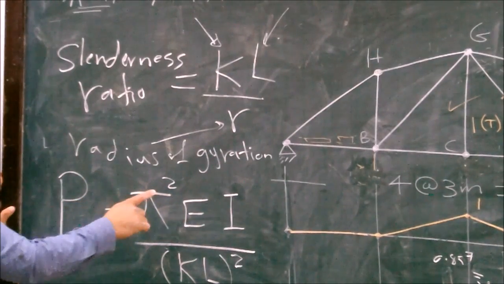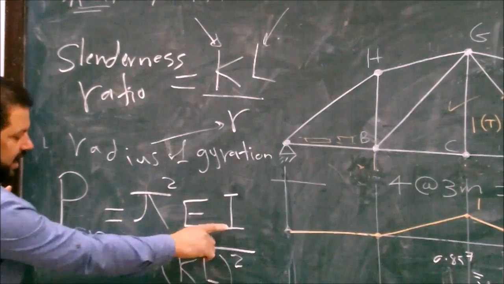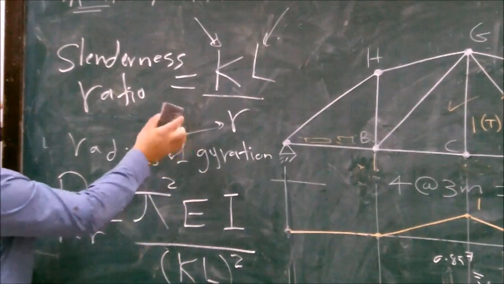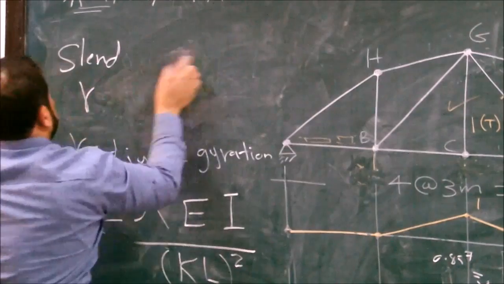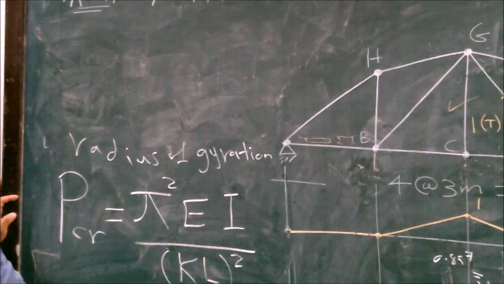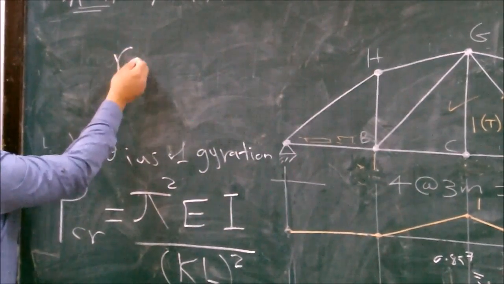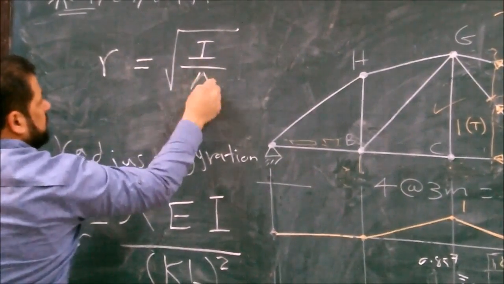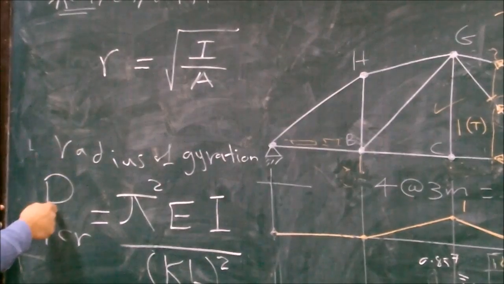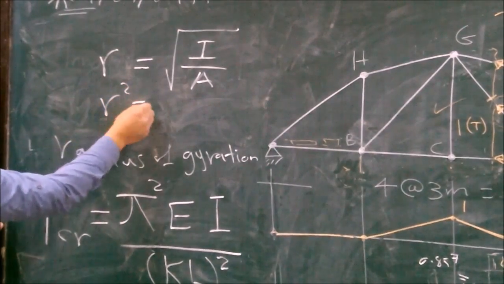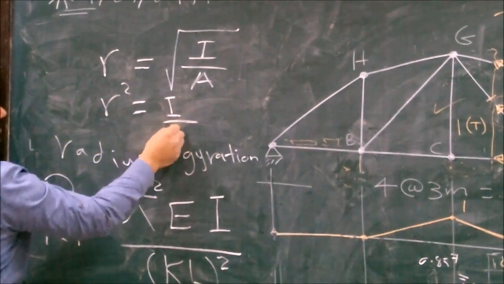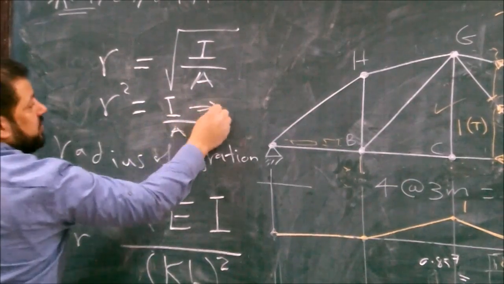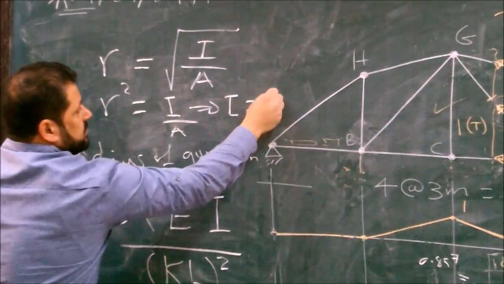Good? Now look. Is there a relationship between I and R? Radius of gyration equals the square root of I over A. So R squared equals I over A. So I equals A R squared.